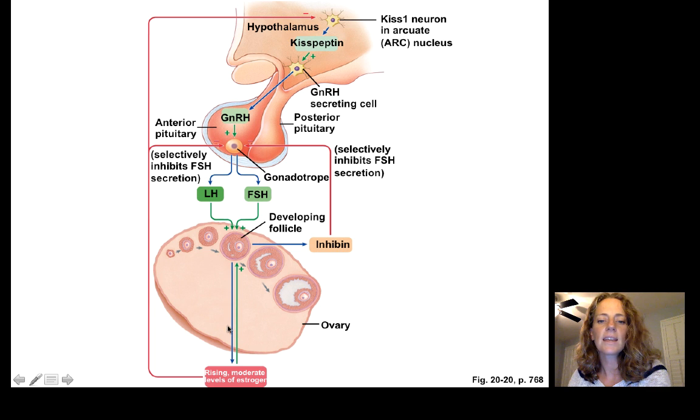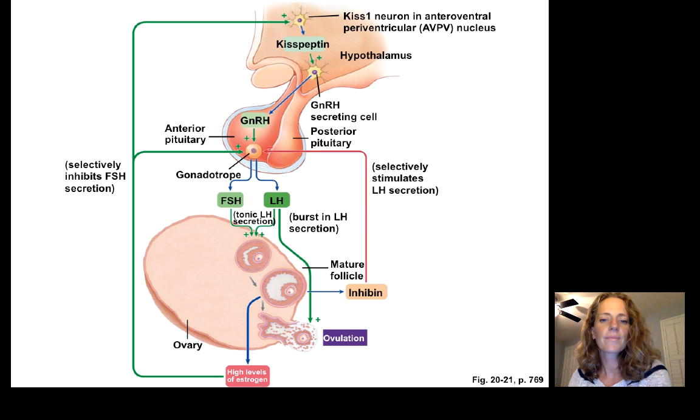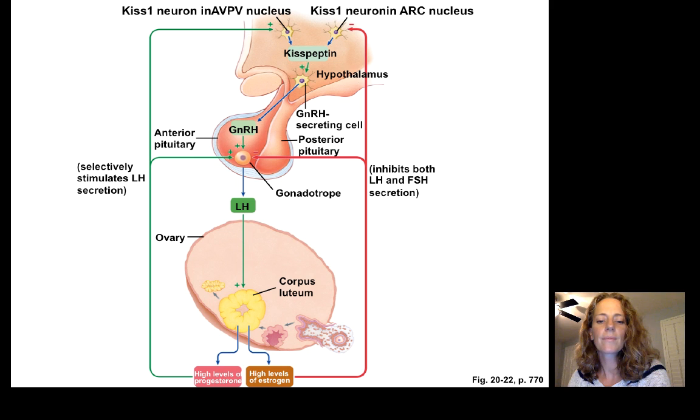So here is that same diagram, just a little bit bigger so you guys can see it. Now that the corpus luteum secretes progesterone, high levels of progesterone and high levels of estrogen are going to feed back and inhibit LH and FSH production to prevent any other follicles from maturing.